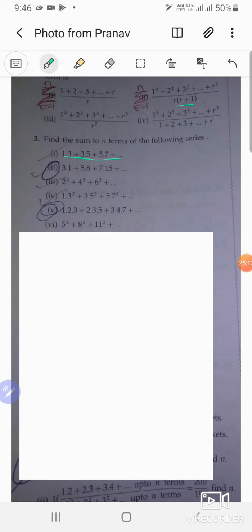Okay, so the next one is 3 into 1 plus 5 into 8 plus 7 into 15. Something like that. So you got 1 to 5 a jump of 2, 5 to 7 a jump of 2, then you got 3 to 8 a jump of 5, but 15, wait, that is weird. 15 is not having a jump of 5.